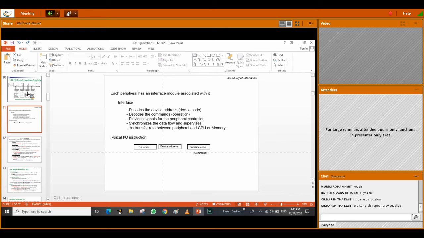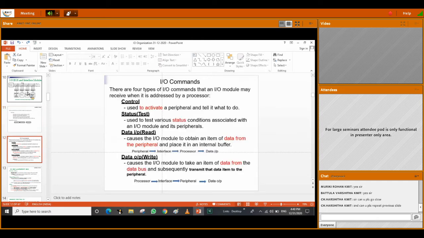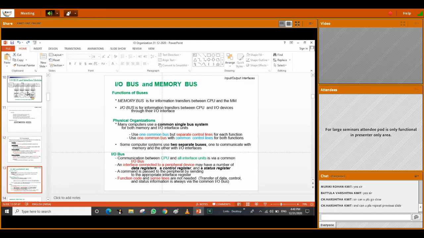Okay, what are the types of instruction? I/O instructions consist of the operation code, device address, and function code. That is the command; function means the command. Next, coming to I/O bus and memory bus.